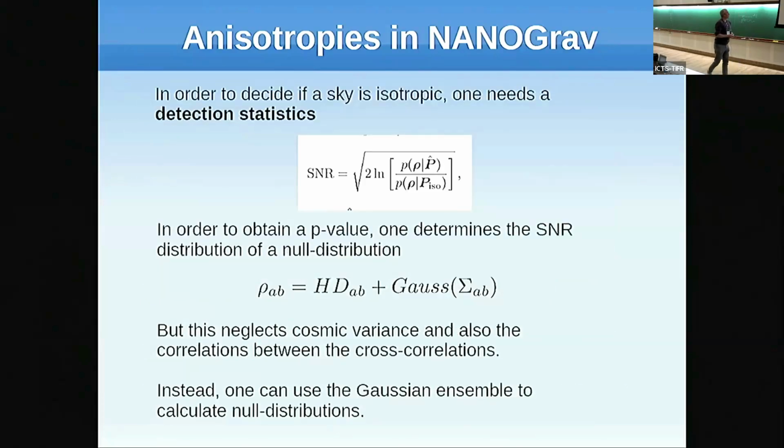Next, what you need is a detection statistic. So you want to ask the question, how likely is it that what you're seeing is actually a homogeneous sky? Because here we only discuss power, right? So in this language, a stochastic background would mean there's homogeneous power. Okay? So your detection statistic is the square root of 2 times the logarithm of this probability.